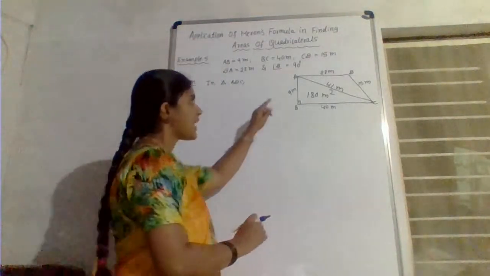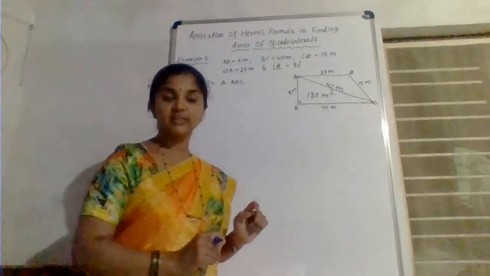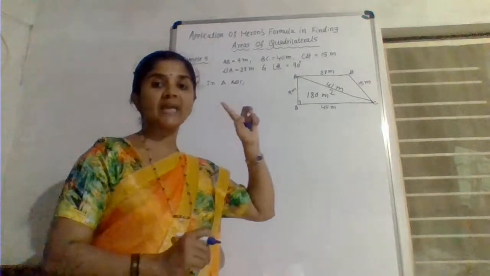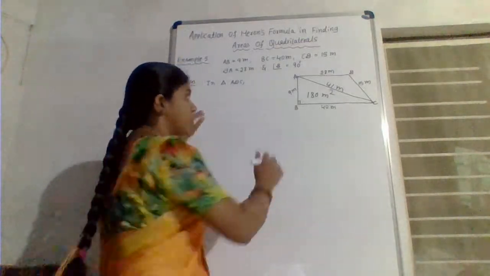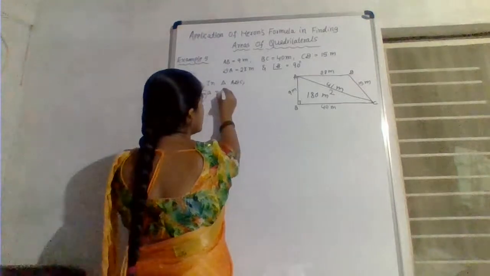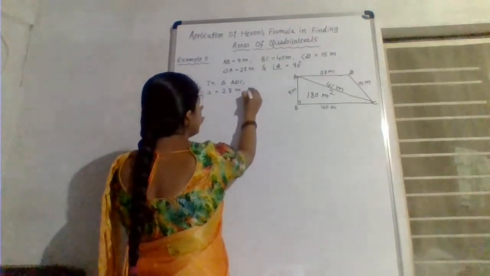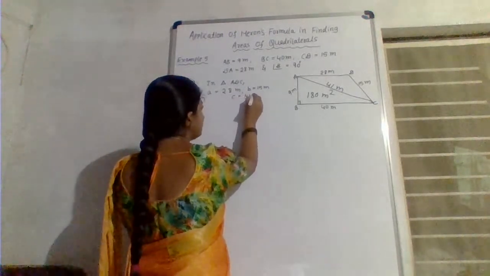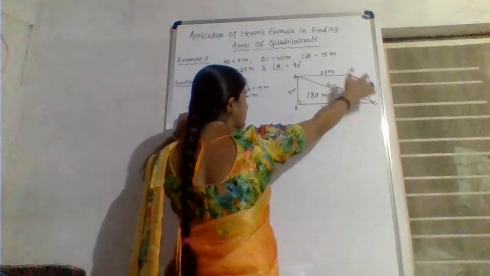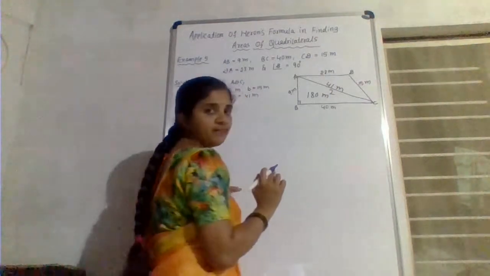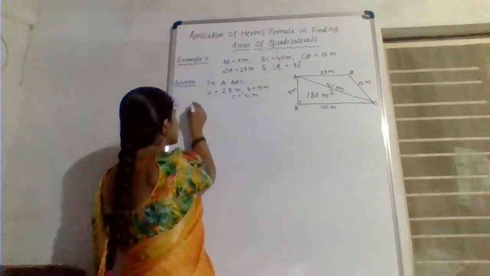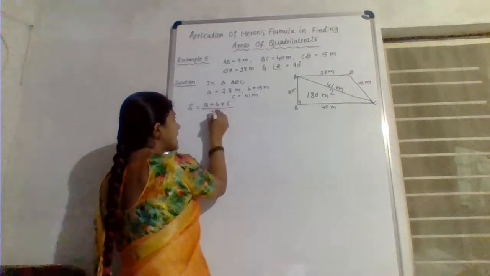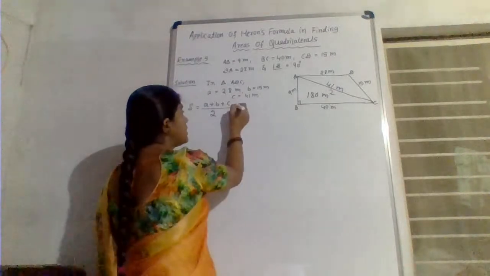Okay. Next we have to find the area of triangle ADC. Using Heron's formula, first we have to list out the values of A, B, C, the three sides' measurements. Let us take A equal to 28 meter, B equal to 15 meter and C equal to 41 meter. First we have to find S, the semi-perimeter of the triangle, that is A plus B plus C divided by 2.